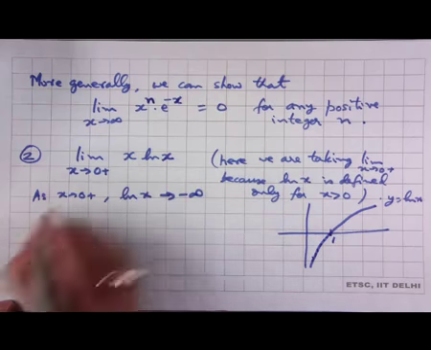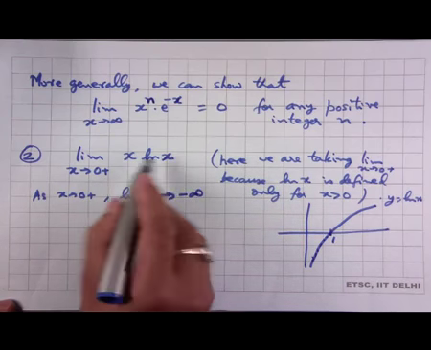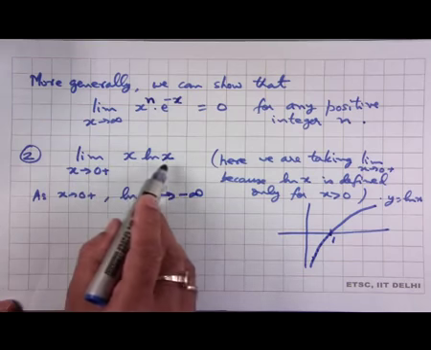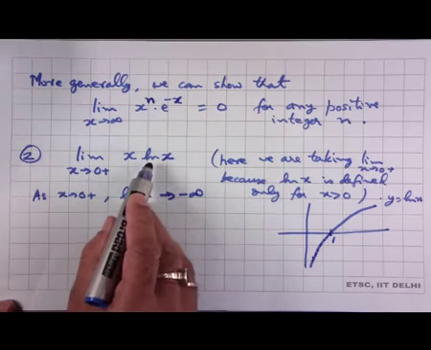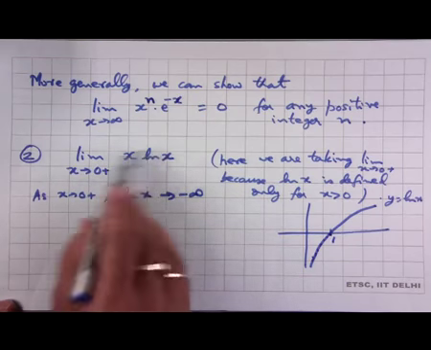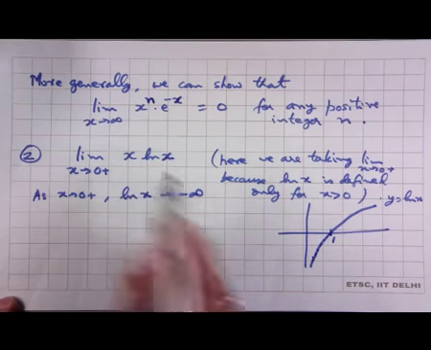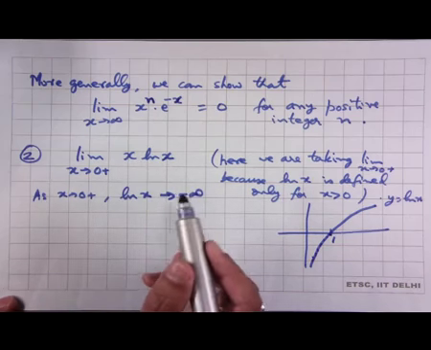So, this limit is of the form 0 times minus infinity. We have to convert this into 0 by 0 or infinity by infinity form.